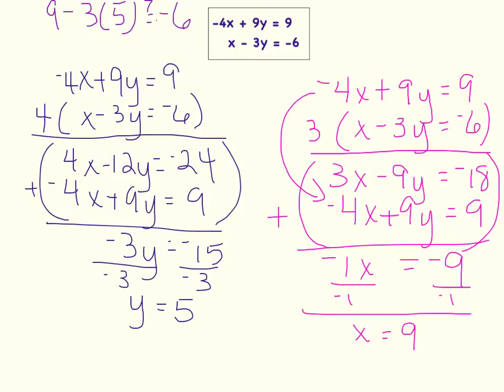I'll put a little question mark. Okay, so I have 9 minus 15. Does that equal -6? And the answer is yes, it does. So we know our solutions are correct. So now we can write them as an ordered pair. 9, 5. That's our solution.